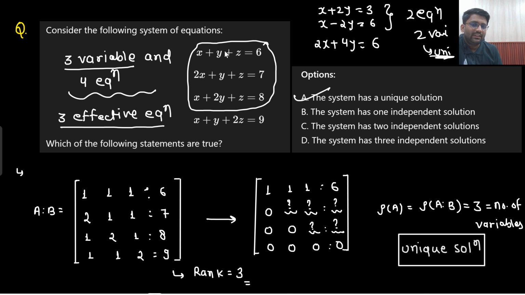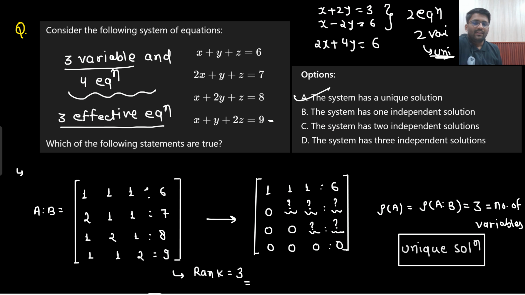What I mean to say is that if these three are independent, x plus y plus z equals 6, 2x plus y plus z equals 7, x plus 2y plus z equals 8, then for sure the fourth equation will depend on these three. That means the fourth equation can be written as alpha times equation 1 plus beta times equation 2 plus gamma times equation 3. All these things we will see in the next lecture where we talk about vector span.